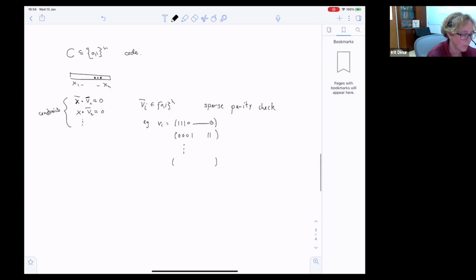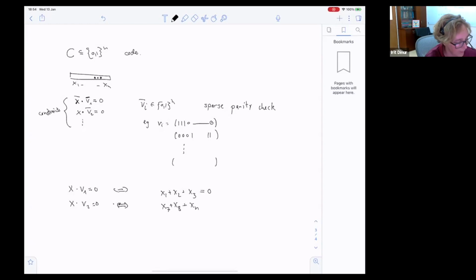That's fine. Now, what does it mean to be a stable set of equations? I view these as equations. For example, the equation x dot v1 is 0, I can think of as saying x1 plus x2 plus x3 equals 0. And the equation x dot v2 is 0, I can view as saying, I don't know, x7 plus x8 plus xn equals 0.